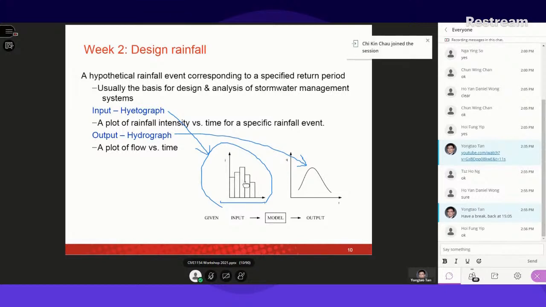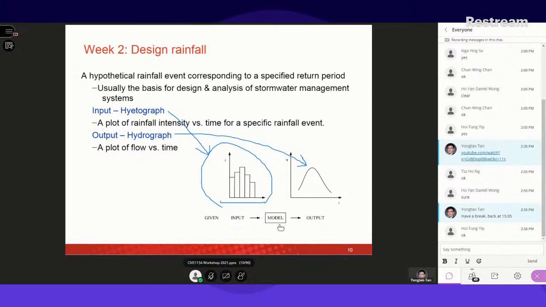For example, for a rainfall event, we can use a 10 minute interval. The first column represents the rainfall intensity from 0 to 10 minutes, the second column from 10 to 20 minutes, and the third column from 20 to 30, then 30 to 40, and 40 to 50.